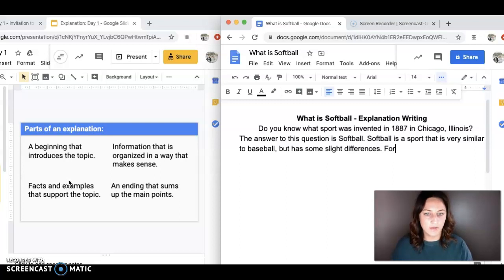Period. For example, it is played on a smaller field with bases only 60 feet apart.